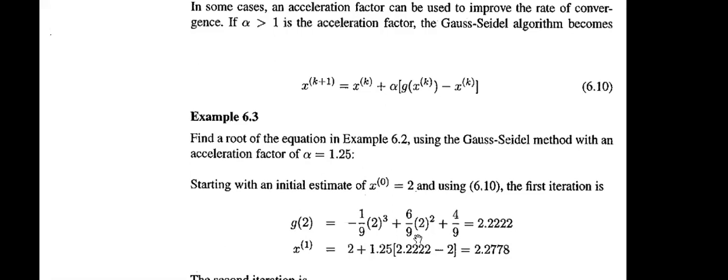What did you get when you put 2.27? What is the response here? 2.59 probably, sir. If it is 2.59, then 2.59 and 2.27 will be considered for the acceleration factor adjustment.